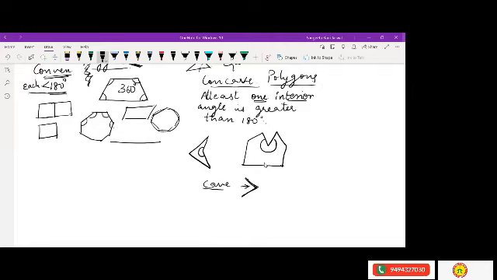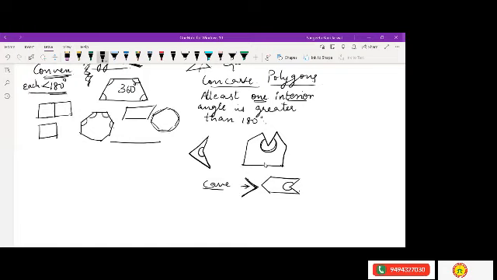So in this we say that at least one interior angle is greater than 180 degrees. Here also this angle is greater than 180 degrees. Some other figures are also here, like this. In this figure also, at least one interior angle is greater than 180 degrees.